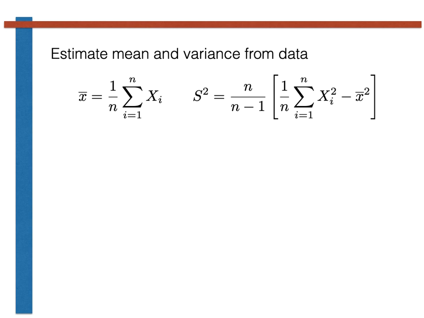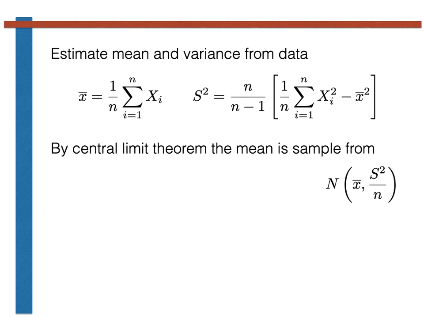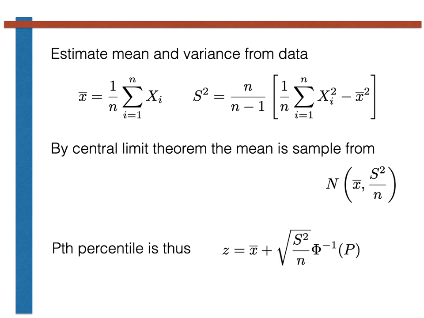We then note that by the central limit theorem, the sample mean is a sample from a normal distribution with an expectation equal to x bar and a variance equal to s squared divided by n. Given that we know the distribution for the sample mean, which is a random variable, we can thus calculate the pth percentile using the expression shown here.